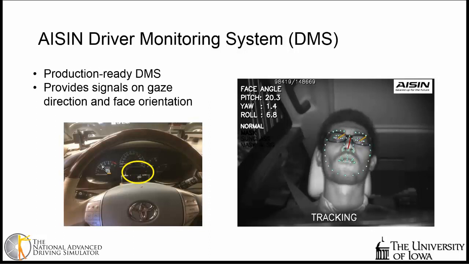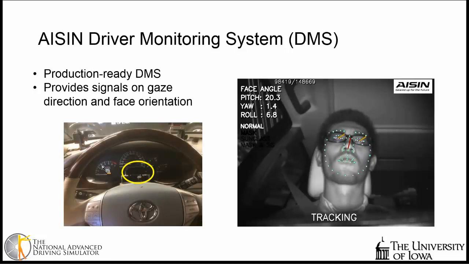So as I mentioned, the AISIN DMS that we used here is a production-ready unit that you might see in a car on the road, and it provides a bunch of different signals related to eye gaze, signals related to face orientation, signals related to eye closure, that type of thing.